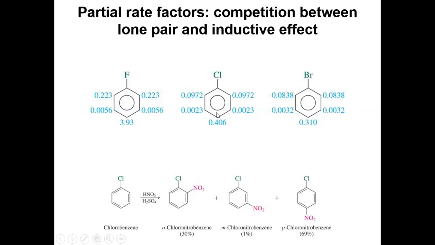Mostly because of the weaker resonance effect, where the halogen lone pair donates to the ring. And especially look at the para site of fluorobenzene: it is actually almost 4 times more reactive than a single site in the unsubstituted benzene.